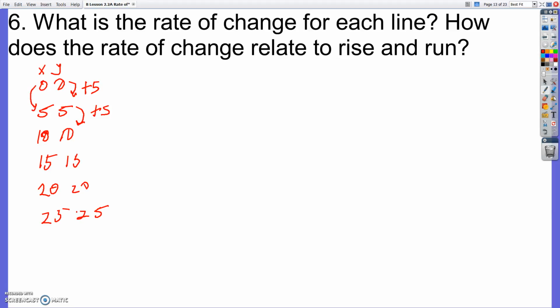So remember, the ratio for rate of change was your change in Y. So I'm going to put delta Y, which just means change, and change in X, and that was 5 over 5.